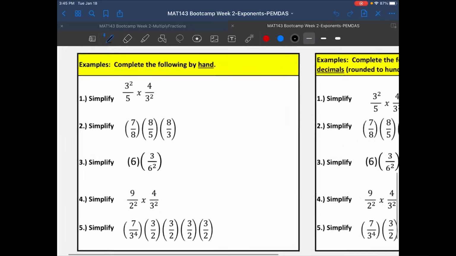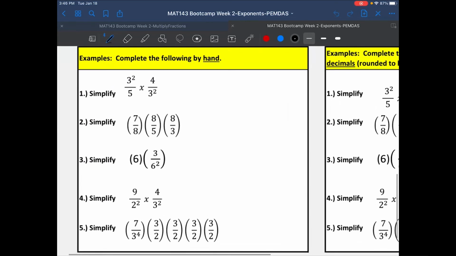So mainly I want to focus on that second half, the ones where we have the squares and the fractions, because this is going to look more like the lessons that we're going to have over the next few days.